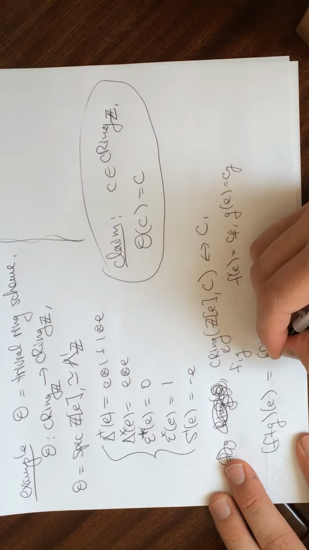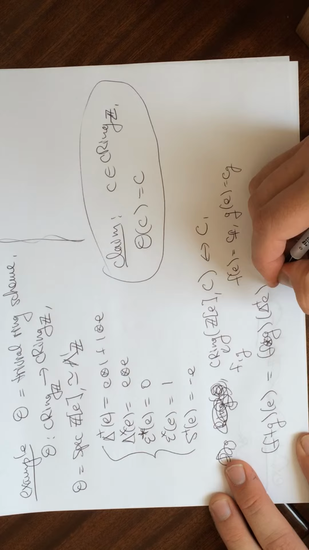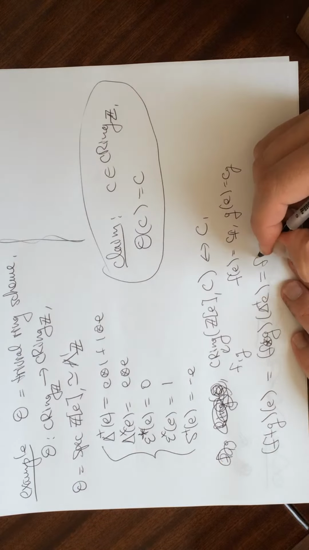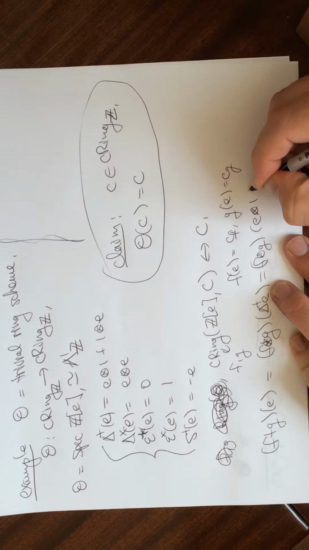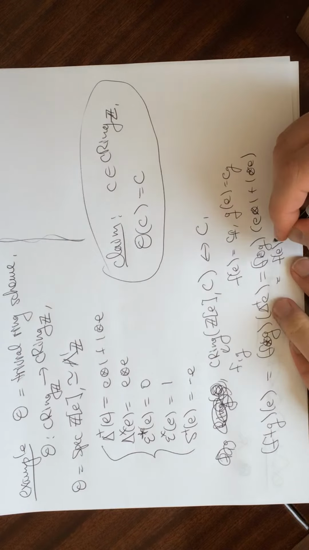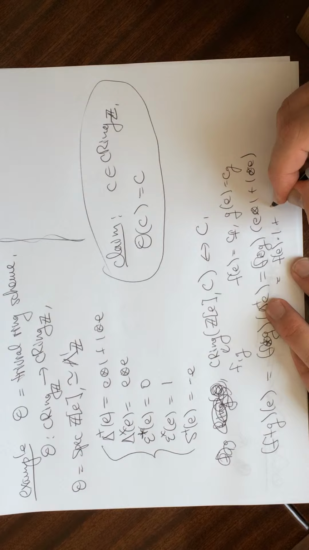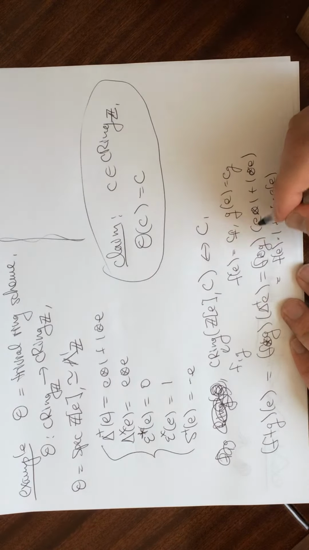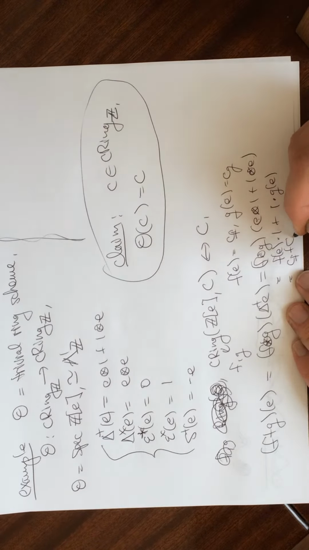F plus G becomes F tensor G, and then we write this out of E. And so now this becomes F tensor G of E tensor 1 plus 1 tensor E. Okay, and so this becomes F of E, and then we have G of 1, which is 1, so this is 1, plus 1 times G of E, because we apply this to this one, this one, this one, and then this just becomes C of F plus C of G.